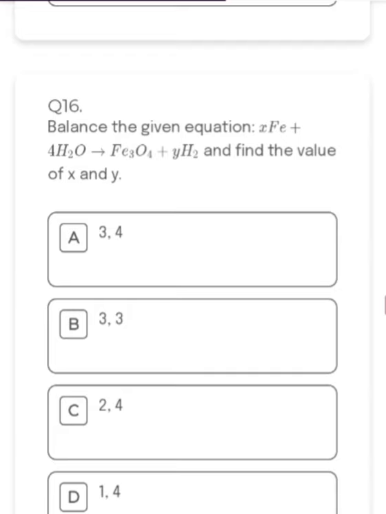So the correct option is option A, 3 and 4.